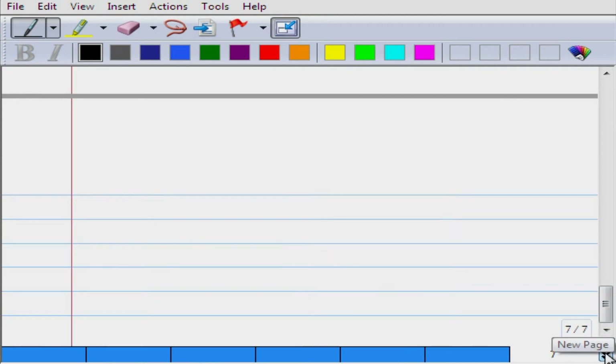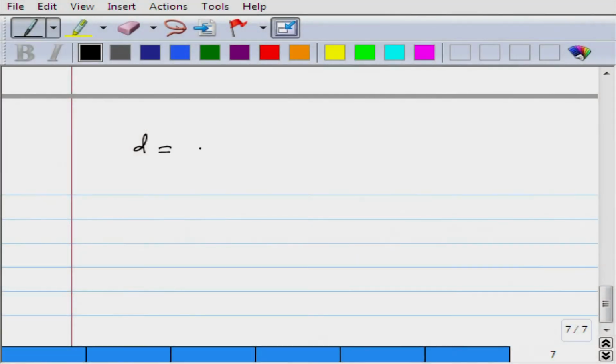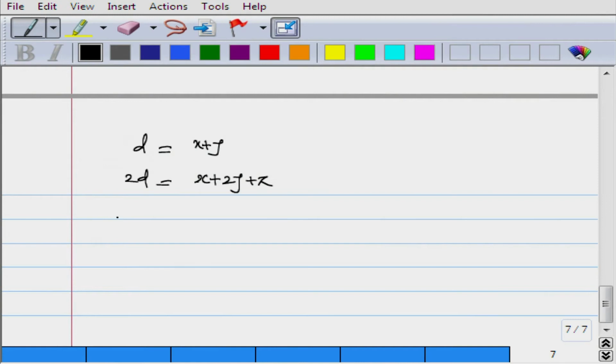Okay. So, now these two things we have identified: d is equal to x plus y and 2d is equal to x plus 2y plus z. Do you agree with me? Now, the value of d we will put over here: 2 into bracket x plus y is equal to x plus 2y plus z.